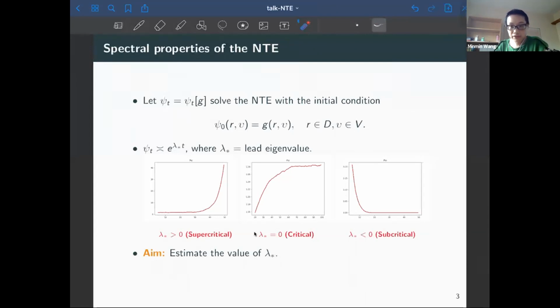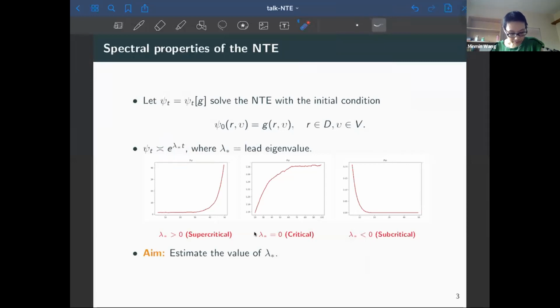You've seen in Emma's talk that under rather mild conditions, the neutron transport operator has a leading eigenvalue. Put another way, the neutron flux has a growth rate, meaning that psi_t can be approximated, when t is large, by the exponential function e^{lambda* t}, where lambda* is precisely the leading eigenvalue of the neutron transport operator.